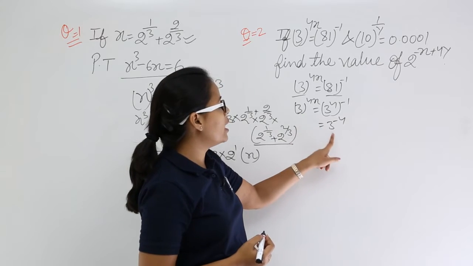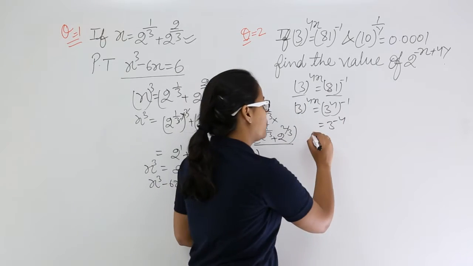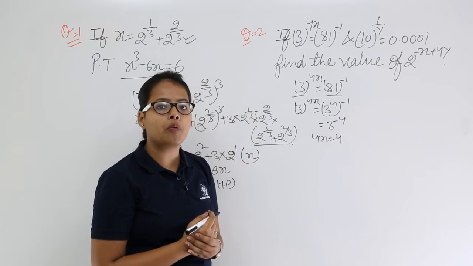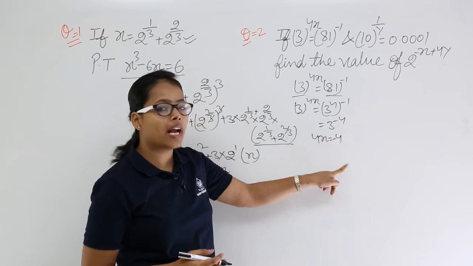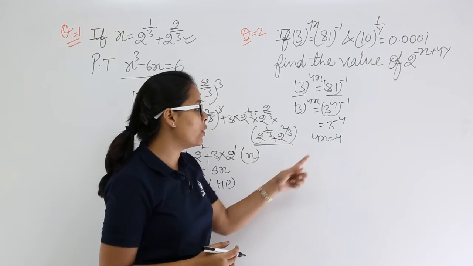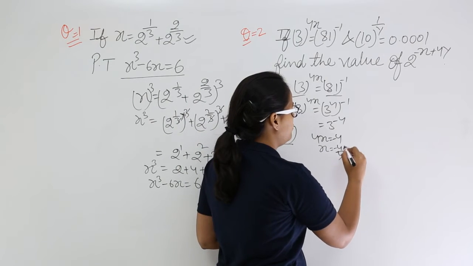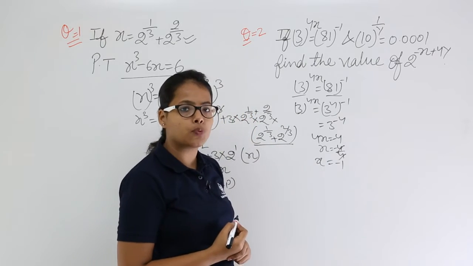Now the bases are the same, so you are going to compare the exponents, because these two expressions will be equivalent only when these two values are the same. So the value for x is x is equal to minus 1.